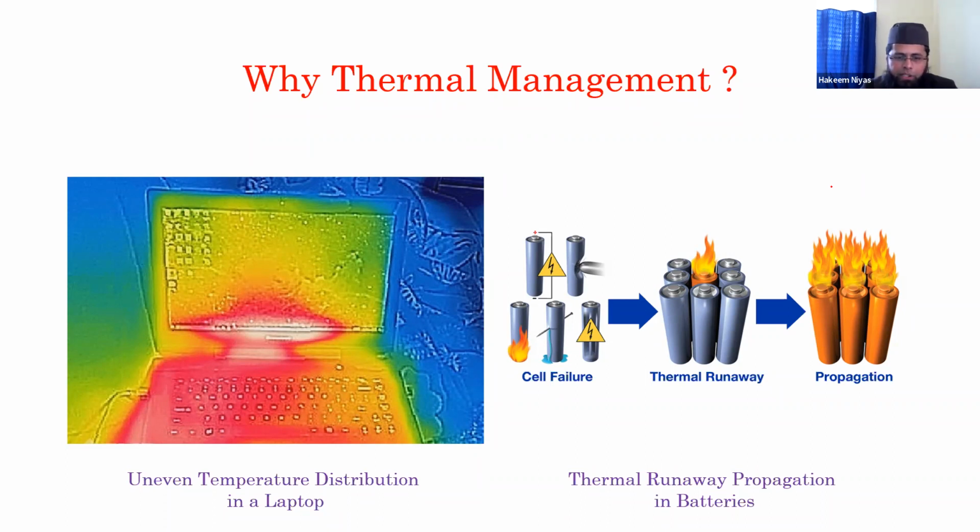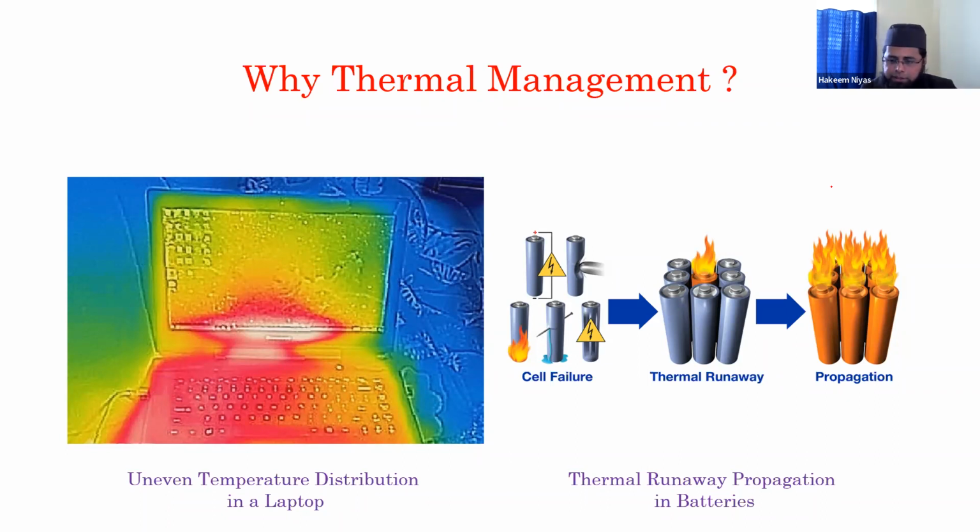If it is not managed properly, the life of the laptop will be reduced, because continuous high temperature will put stress on the processor. Because of that, even the performance of the laptop is reduced.